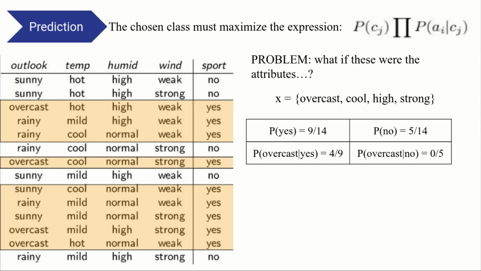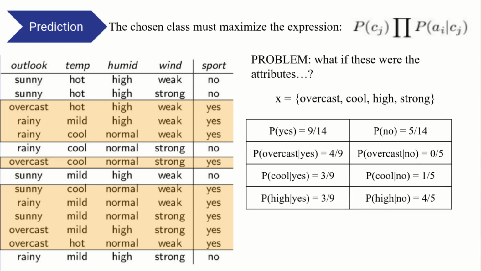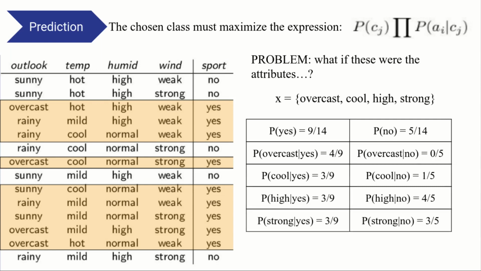So the probability of having an overcast outlook, given that there is no sports practice on that day, is 0. Since we calculate the probability of this sample to belong to a certain class by multiplying all the conditional probabilities related to each attribute, in the second column, the result of this multiplication is 0.